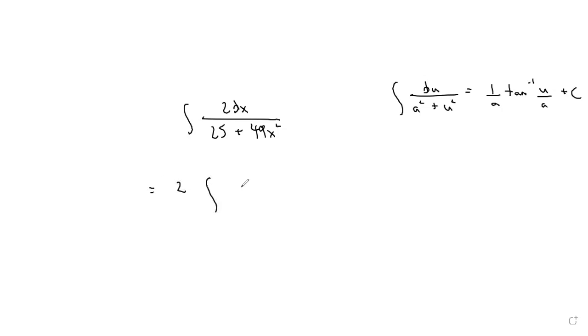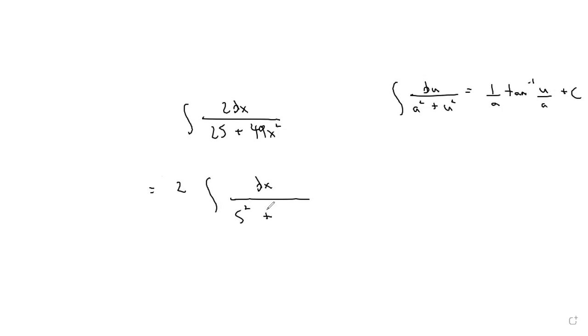2, okay, so integral dx. And now let's write the bottom so that it's in a comparable form to the generic formula that I just wrote. So 25 is 5 squared, because 5 times 5 is 25. So that part's not too bad. Plus, in this case you have 49, which is 7 squared, and you have x squared. So you have a number and a variable squared.